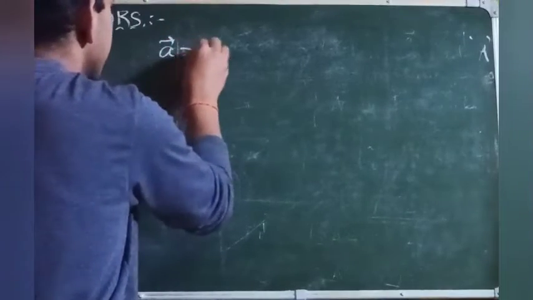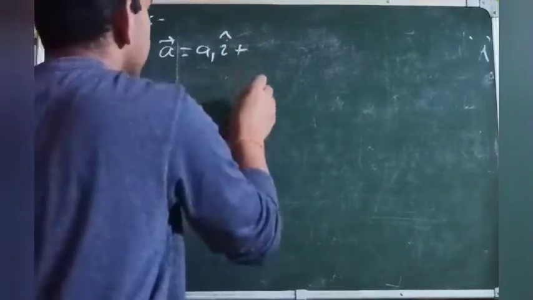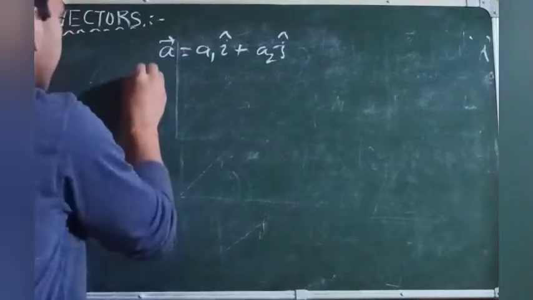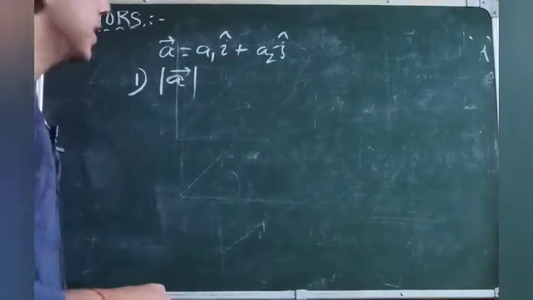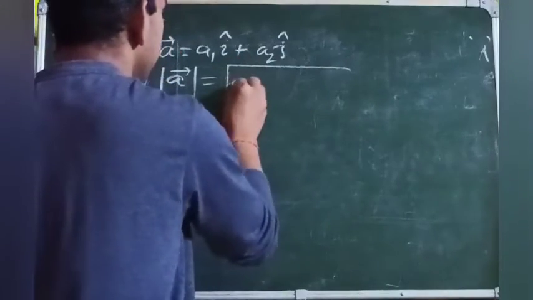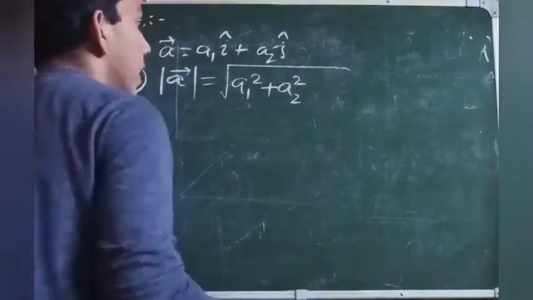Now suppose we are given a vector is equal to a1 i cap plus a2 j cap. Then we can write, number 1, the magnitude of a vector as root under a1 square plus a2 square.